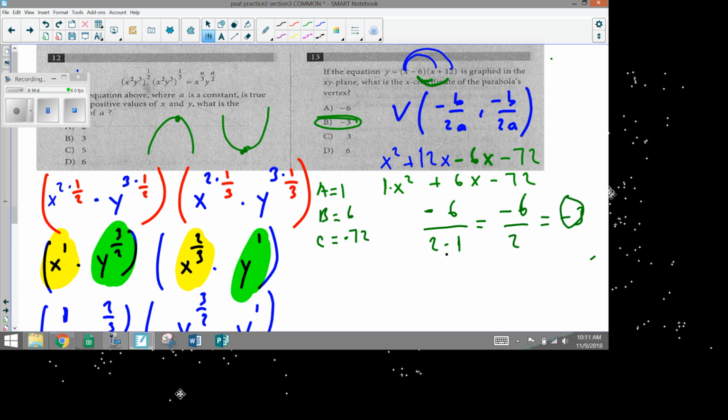Just in case, let's find it for fun. Y is equal to negative 3 squared minus 6 and negative 3 plus 12, 9, so negative 81. So the ordered pair is negative 3 comma negative 81.